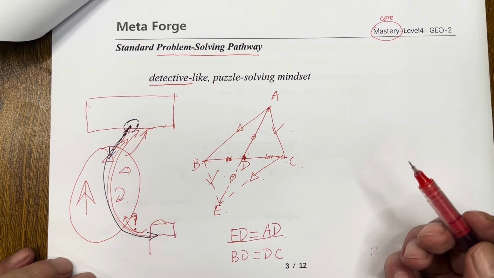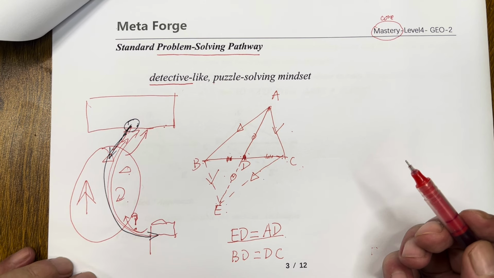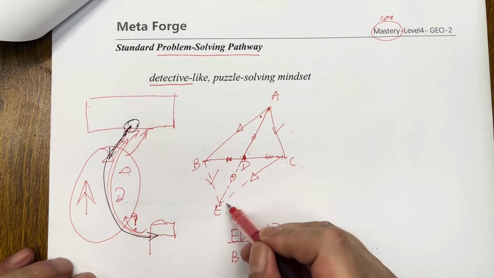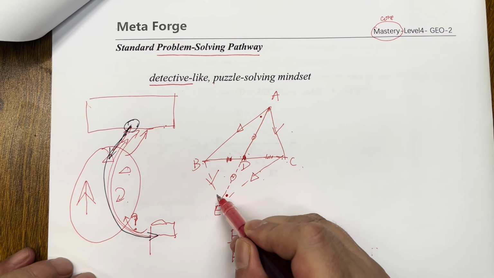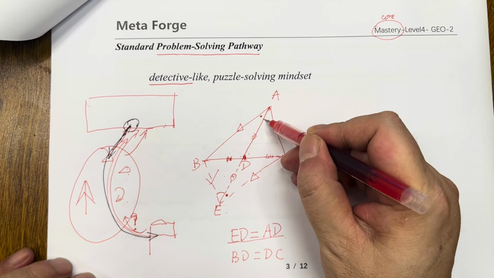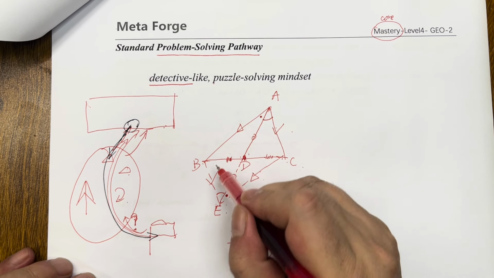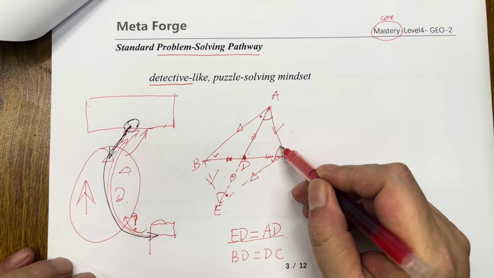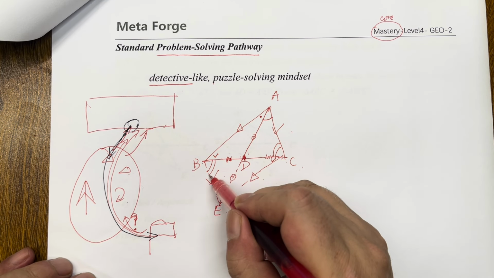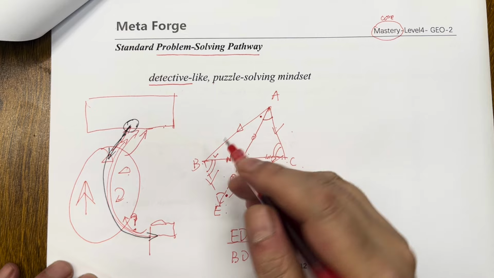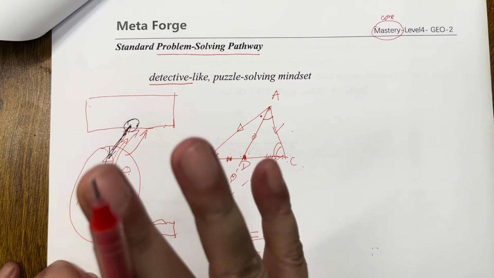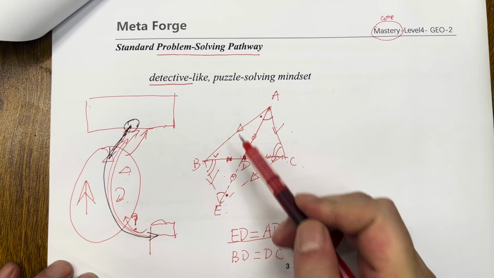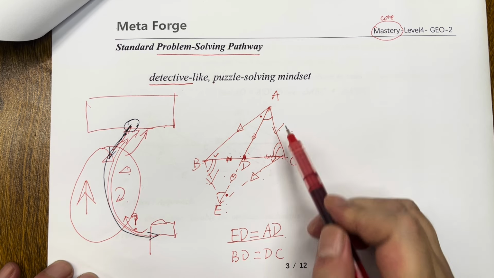The angle relationship is abundant too. Here equals here. Here equals here. Here equals here. Here equals here. So a lot of angles or sides can be transmitted from here to here, from here to here.